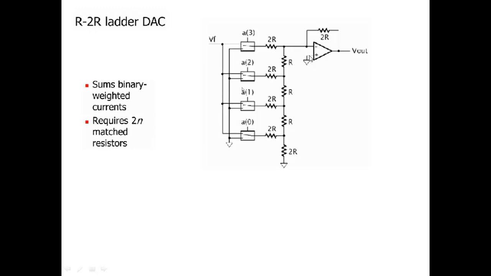And of course, as it is an inverting operational amplifier, the output will obviously be inverted. Now if the input is, say, 1001, where A0 is equal to 1 and A3 is equal to 1, and A1 and A2 are 00, in that case the second and third branches will be open circuit.